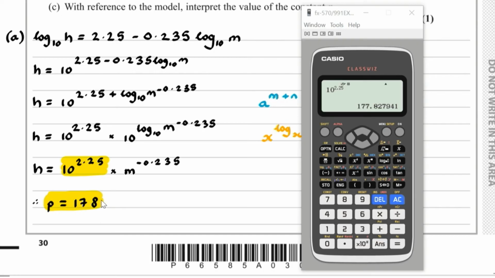And then the value of q, that's equal to minus 0.235. Of course, this is given to 3 significant figures. So we have our value for p. We've got the value of q.